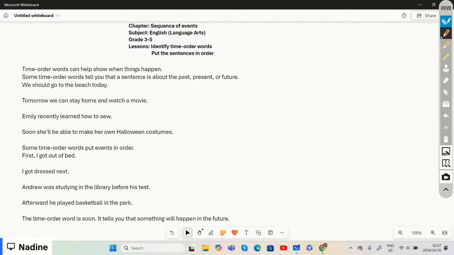So when it comes to time order words, they can help you show where or when things happen. So it basically shows us when things happen.